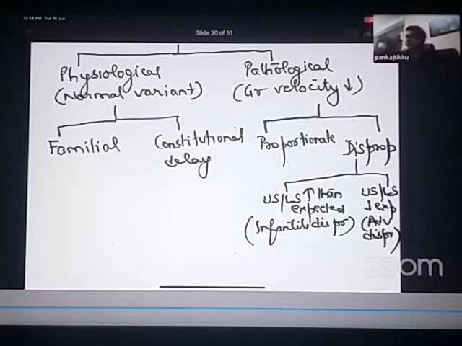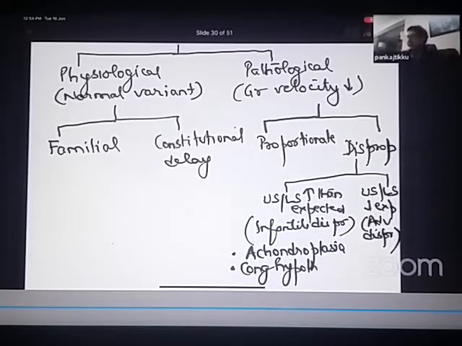Examples of infantile disproportion I told you were achondroplasia, which is a type of bone disorder, and the other was cretinism or congenital hypothyroidism, especially untreated congenital hypothyroidism.